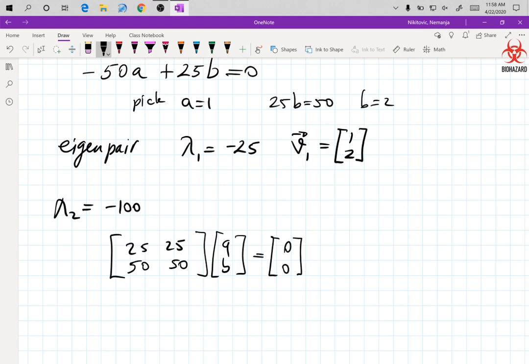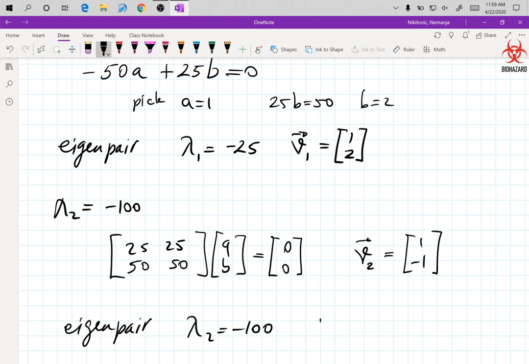And for the dependent system, we can quickly just use 1 and negative 1 in this case, because that will give us the value for eigenvectors. So the second eigenpair is lambda 2 is negative 100 and v2 is 1 and negative 1.